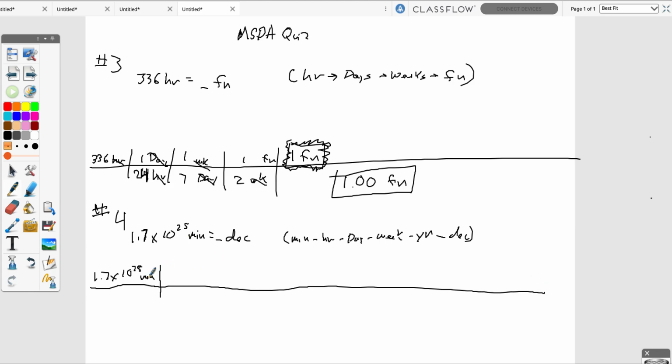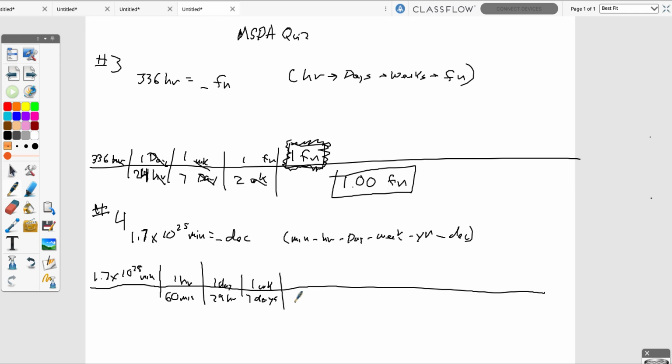We need to go to minutes here, so there are 60 minutes in 1 hour. Then 24 hours in 1 day. Then days to weeks, so there are 7 days in 1 week.